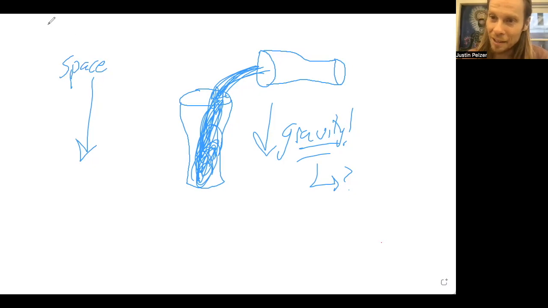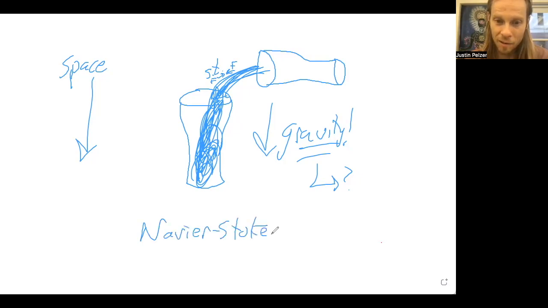You might say surface tension, right? Surface tension forces in the water. And you might say Navier-Stokes equations that govern the turbulent flow of the water falling into the glass.